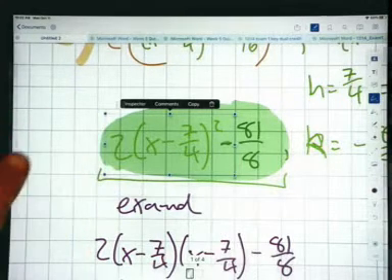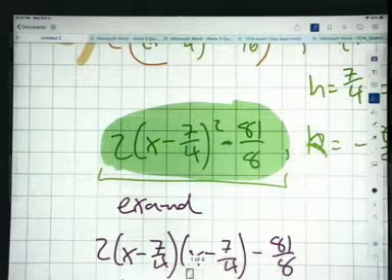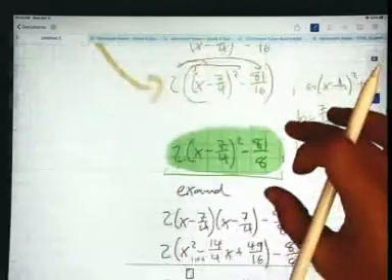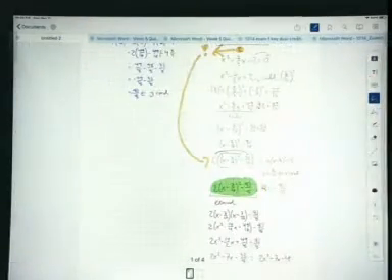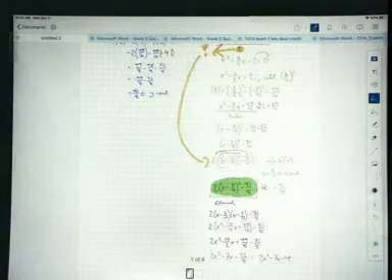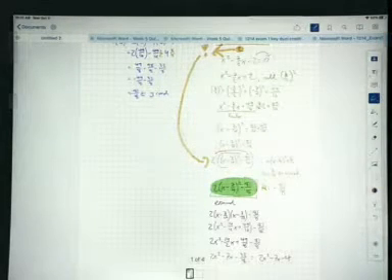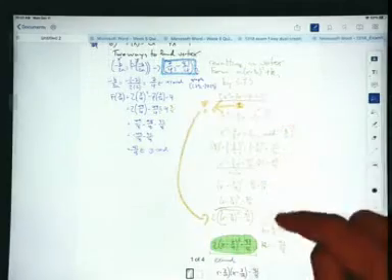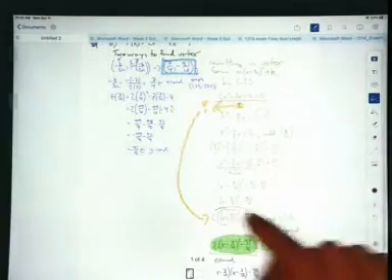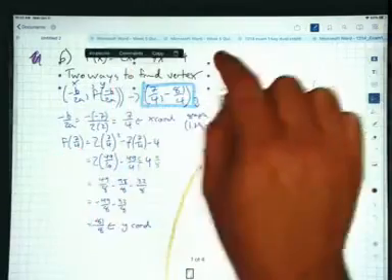So that's why we have to have the 2x squared. Alright, so I know that was a lot, but I wanted to show you two things. I wanted to show you the error that I experienced within the first class, and I wanted to show you how to go through the process of completing the square on a problem like this, where the coefficient in front of your x squared is not 1.